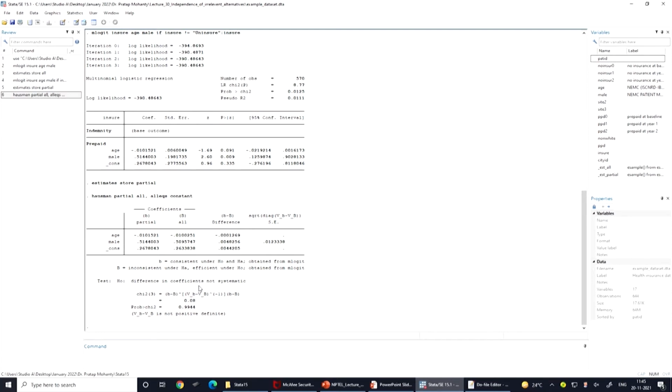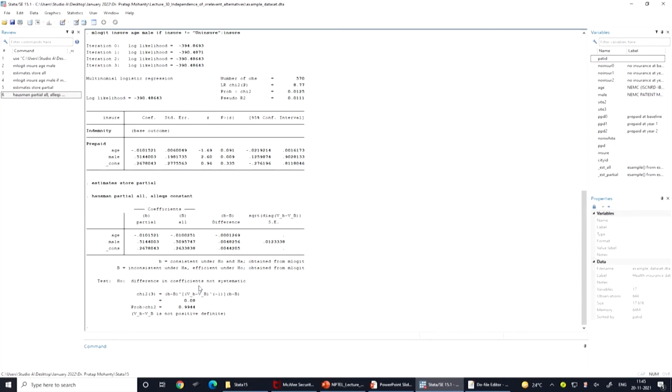The chi-square value on your screen is, as discussed, not significant; the coefficient is 0.08 and not significant.